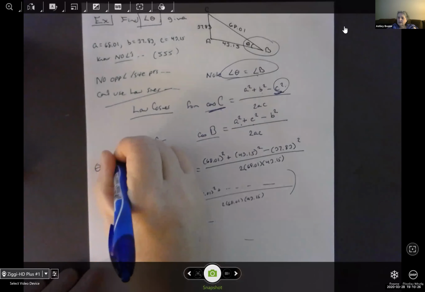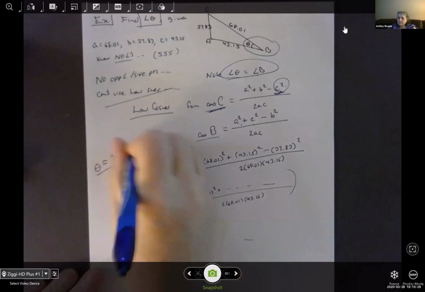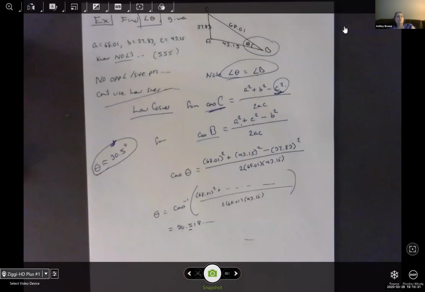My calculator was in degree mode, so my angle was approximately 30.5 degrees. Notice this problem did not ask us to find anything else except for that angle. So I didn't have to go any further and find angle A or angle C for this one, okay? But that's what I would have there.